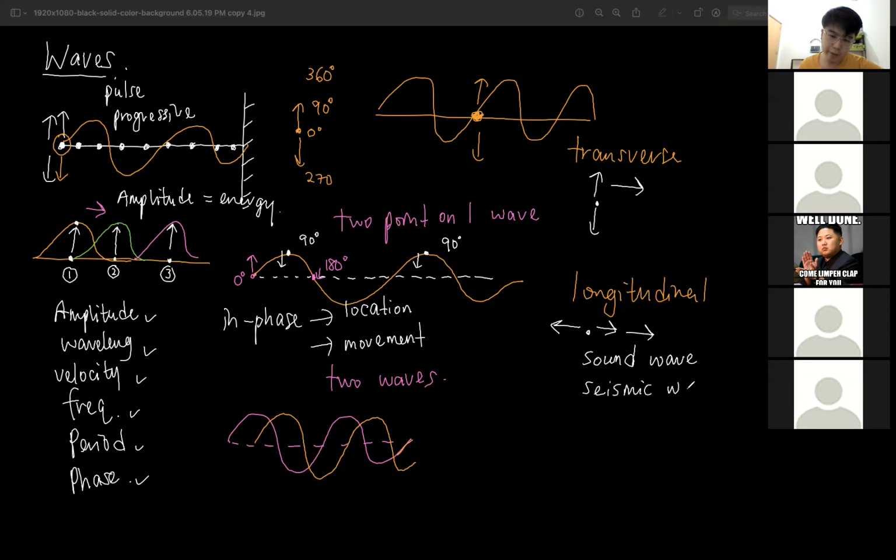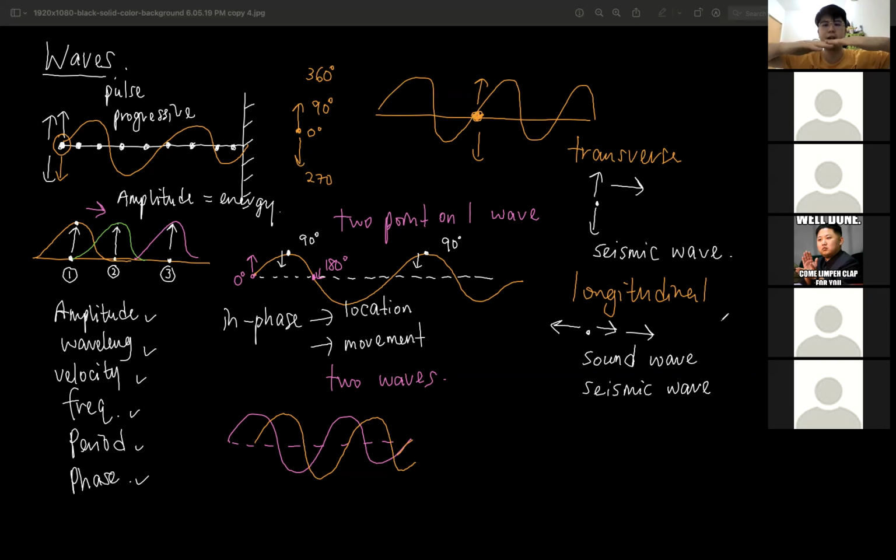You also have seismic waves, like earthquakes. When there's an earthquake, you get many types of waves coming out. Actually, seismic waves can be transverse and can be longitudinal. How does longitudinal happen in an earthquake?